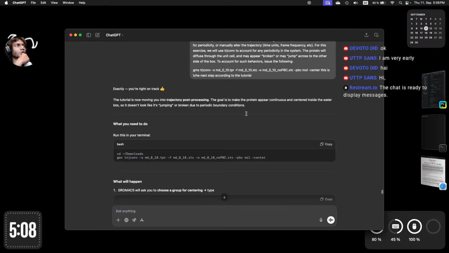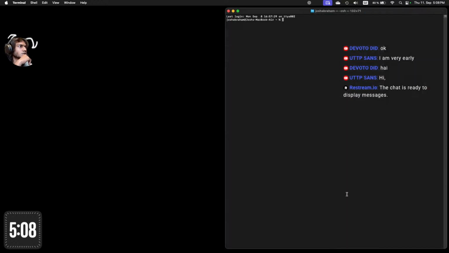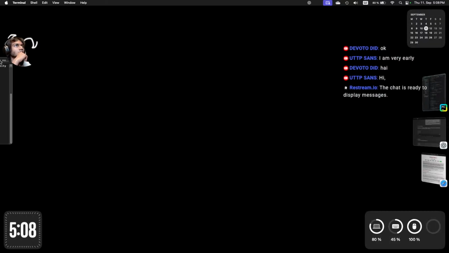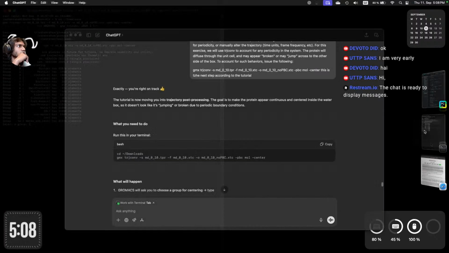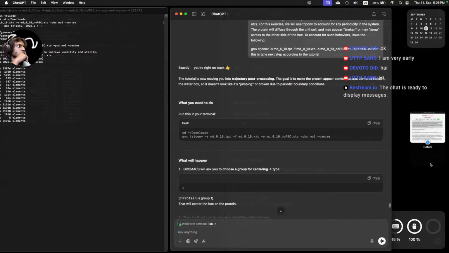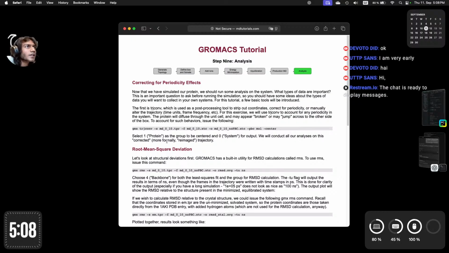Trajectory post processing. The goal is to make the protein appear continuous and centered inside the water box. Okay. Paste that. Select one protein as the group to be centered and 0 system for output. We will conduct all our analysis on this corrected, more formally remain trajectory. Okay.